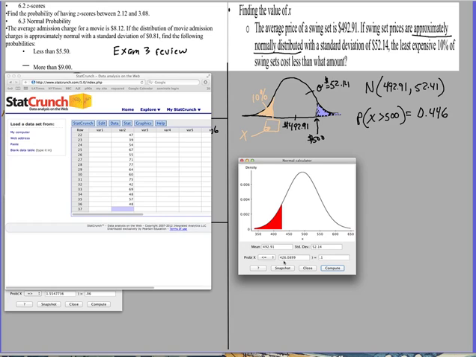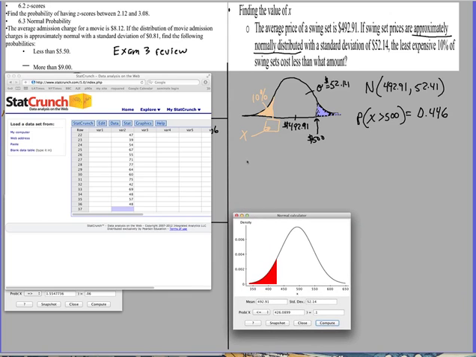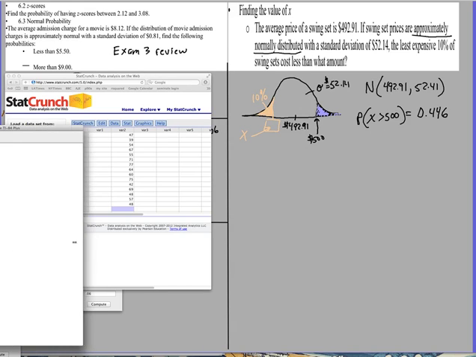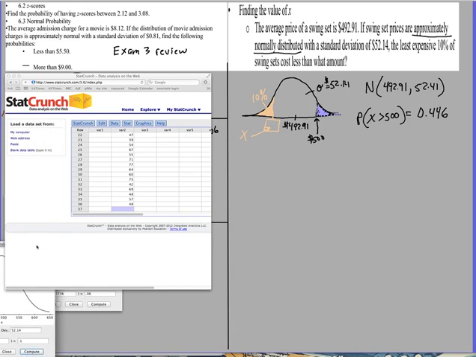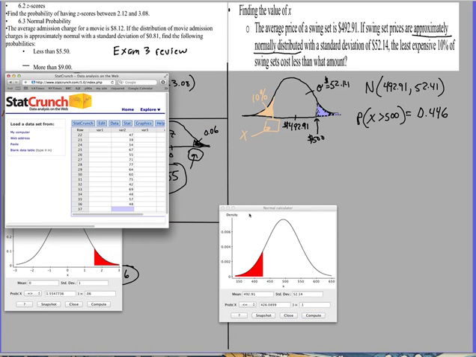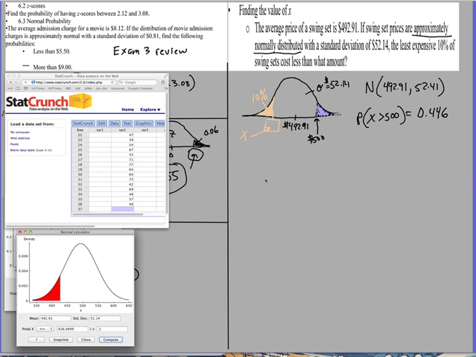So the cost would be around $426.09. So the cost of this would be $426.09.